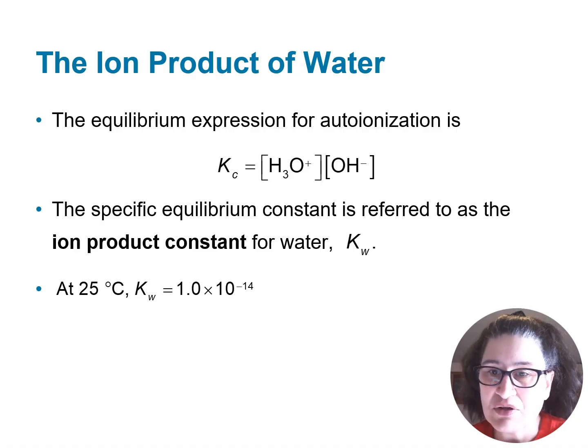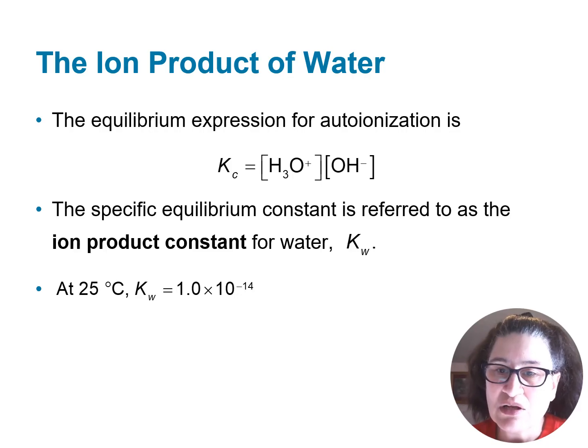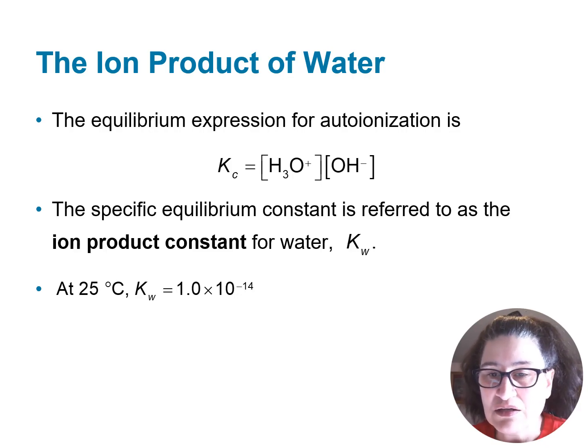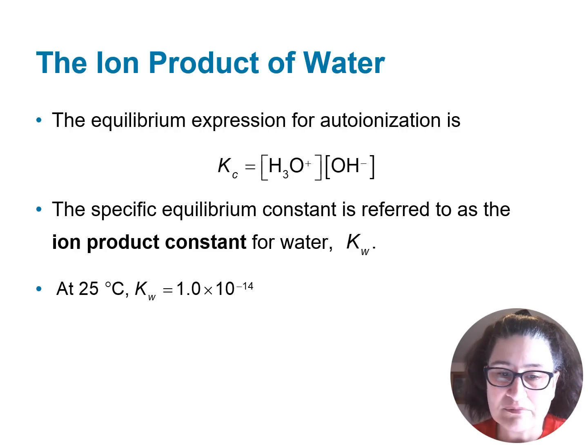But since water is a pure liquid, it doesn't show up in my equilibrium expression. Now, this equilibrium constant for water is called Kw. Okay, and Kw at 25 degrees is 1 times 10 to the minus 14th. So that means this right here is 1 times 10 to the minus 14th. That means that we're going to be able to convert between H3O plus and OH minus using this relationship.